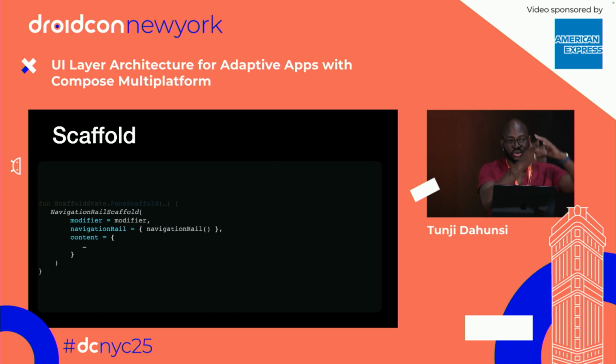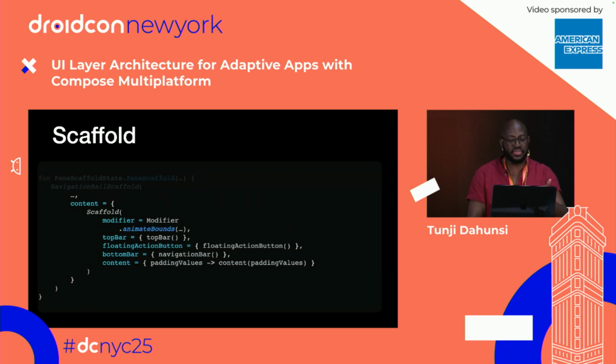All this is a row with a navigation rail and my content. And then inside of that, I put in my scaffold and then I pass all these arguments into it. The reason I'm doing this is because all of these are extensions on the pane navigation state. And all these methods take the top app bar, the floating action button, they take all of this as a receiver parameter for the function.